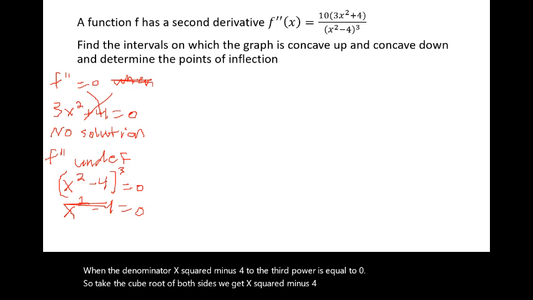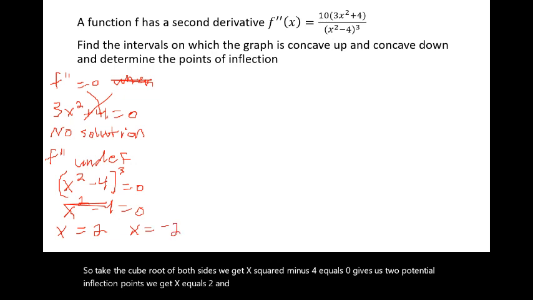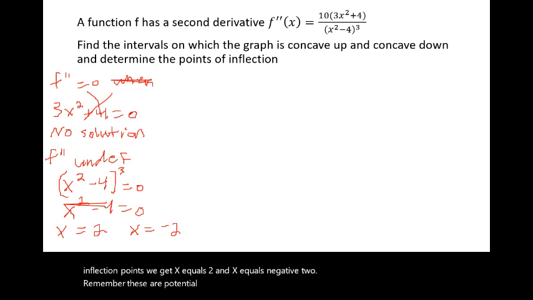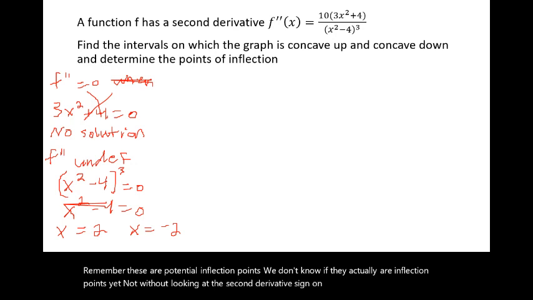Gives us two potential inflection points. We get x equals 2 and x equals negative 2. Remember, these are potential inflection points. We don't know if they actually are inflection points yet, not without looking at the second derivative sign on either side of these points.